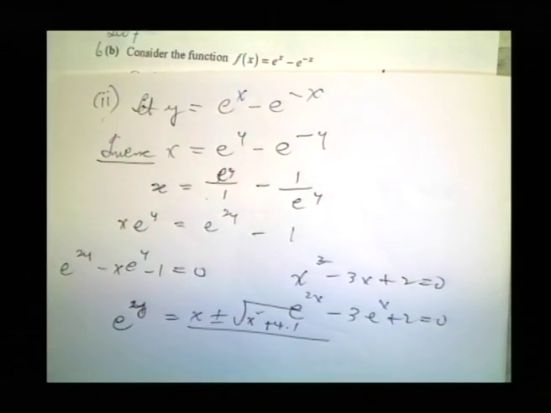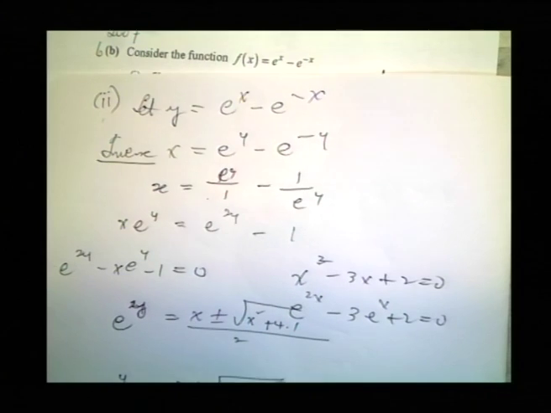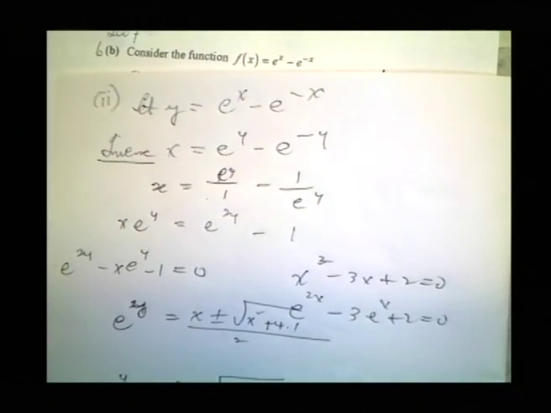So we get that form there, over 2a. So I'll put this down clearly, e to the y is equal to x plus the square root of x squared plus 4 over 2, or e to the y is equal to x minus the square root of x squared plus 4 over 2.